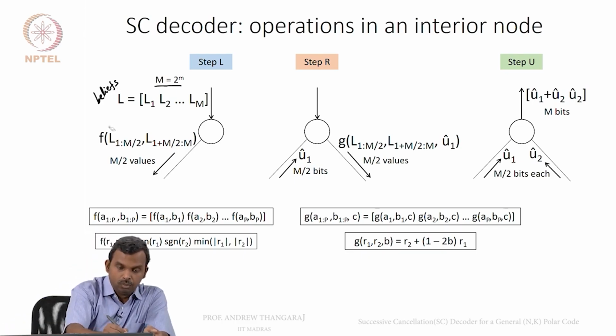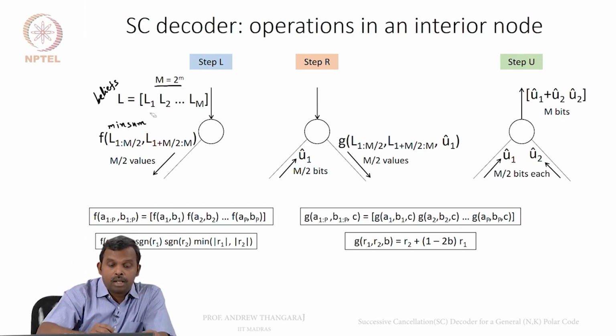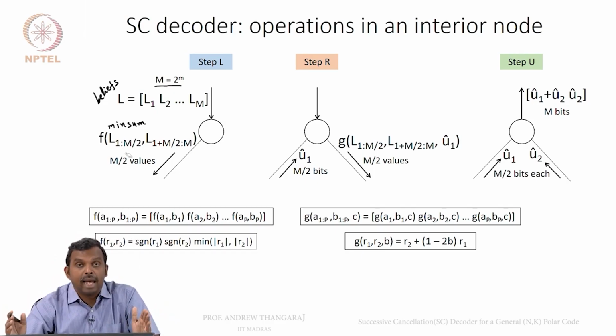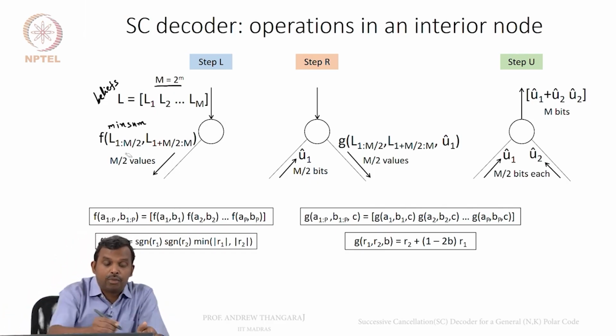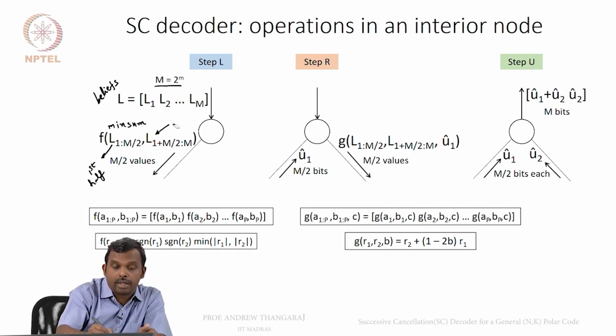It does min sum in a particular way. It does min sum on vectors. There are 2 vectors. It divides the vector L into 2: the first half and the second half of the vector. You can see the indices here.